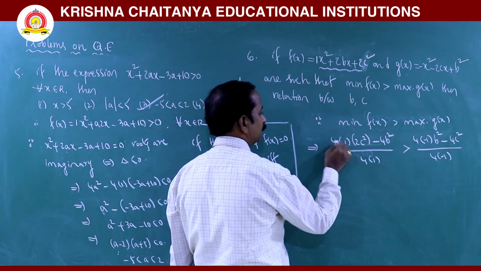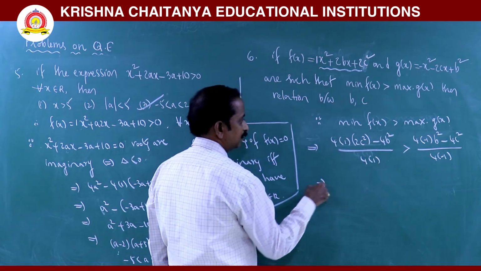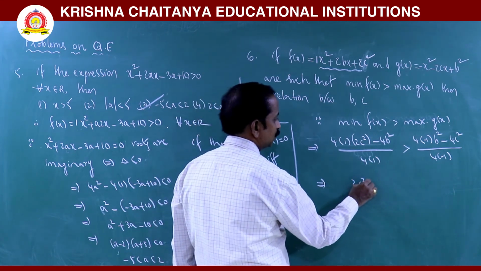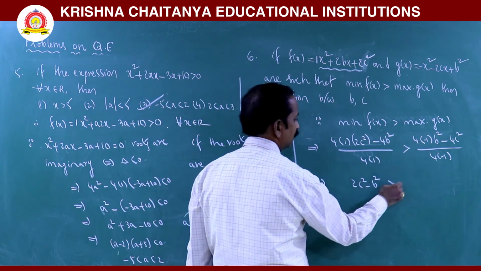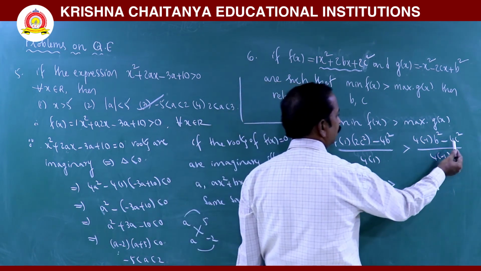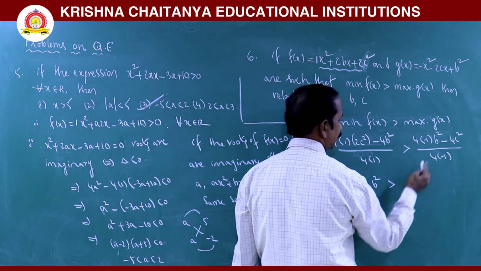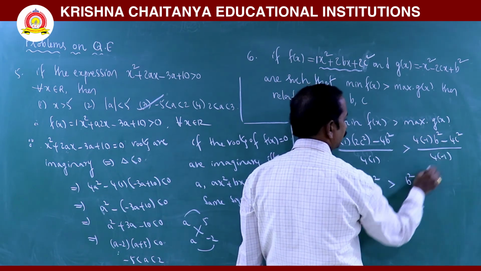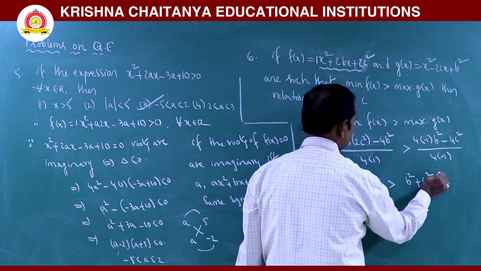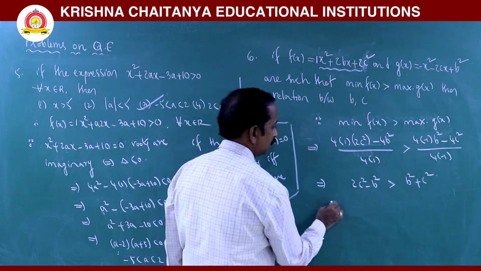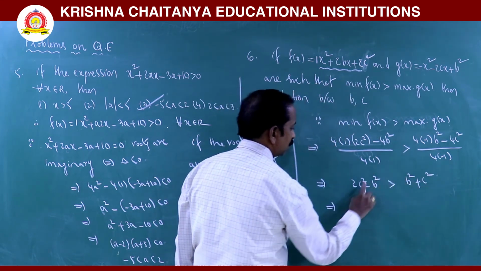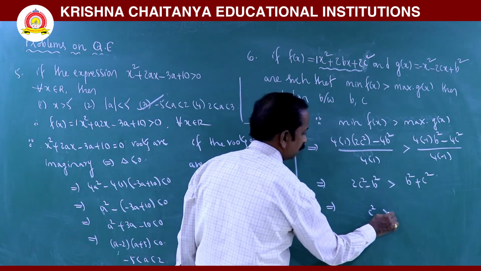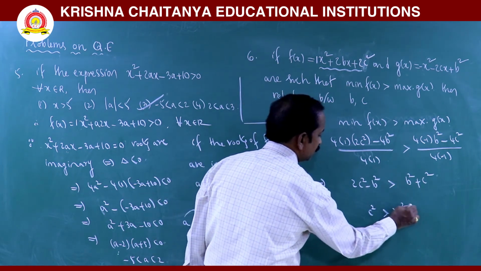Now 4 is common and getting cancelled. Then it becomes 2c square minus b square is greater than, here minus, 4 is common and getting cancelled. The remaining is plus b square, and the remaining is plus c square. Now from this I can write 2c square minus c square greater than 2b square.